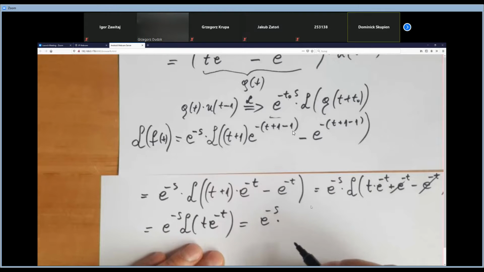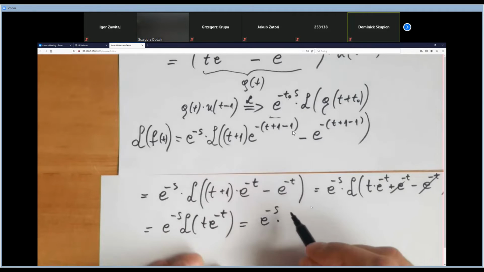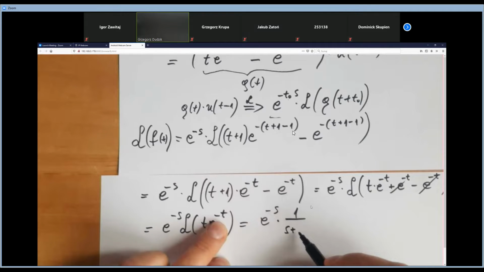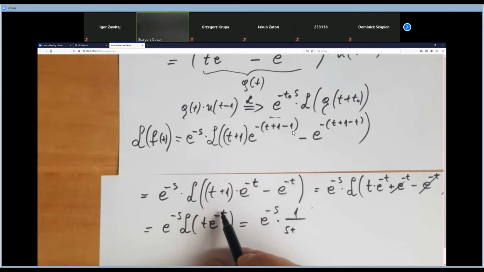Yeah. Great, great. So this is equal to 1 over (s plus 1) squared. In fact, because here the a is hidden, it is 1 here. In this case, it is 1.